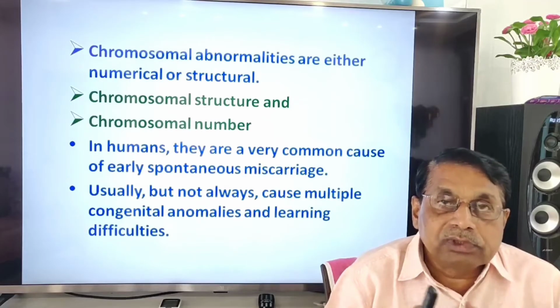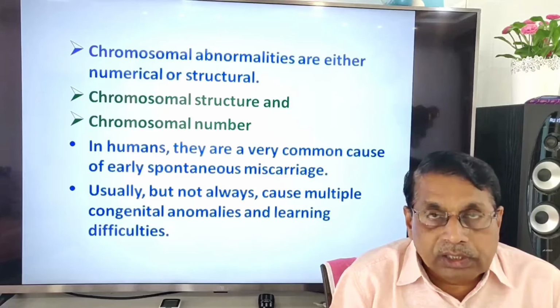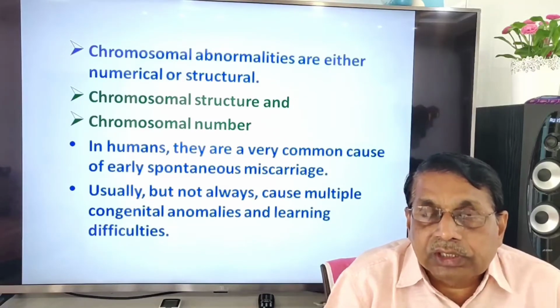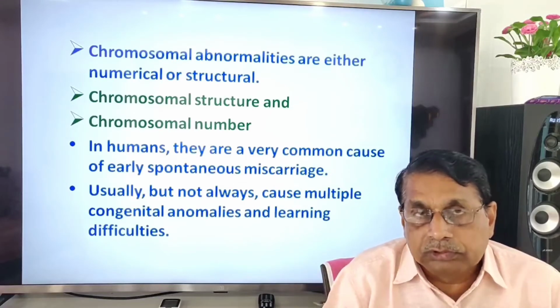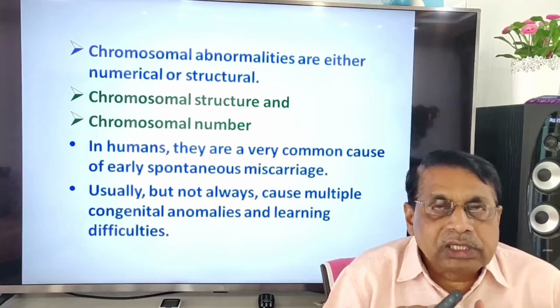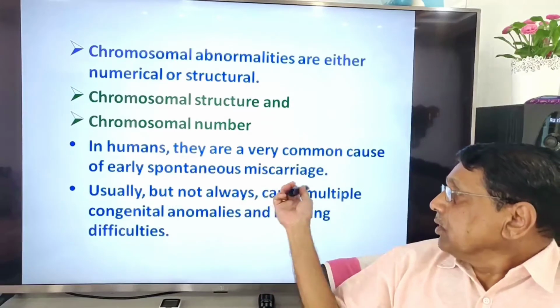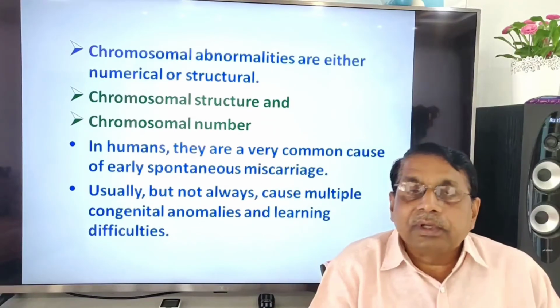Suppose a fetus is trisomic, nullisomic or tetrasomic, or has any abnormality like deletion, inversion, or other. So that is an aberration. There will be a problem. So in most of the cases, miscarriages, abortions will occur. But not always; they can cause multiple congenital abnormalities and learning difficulties.